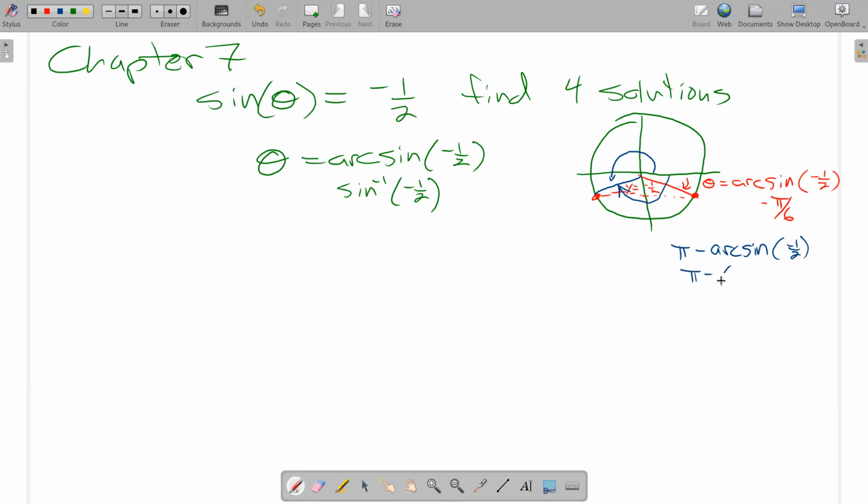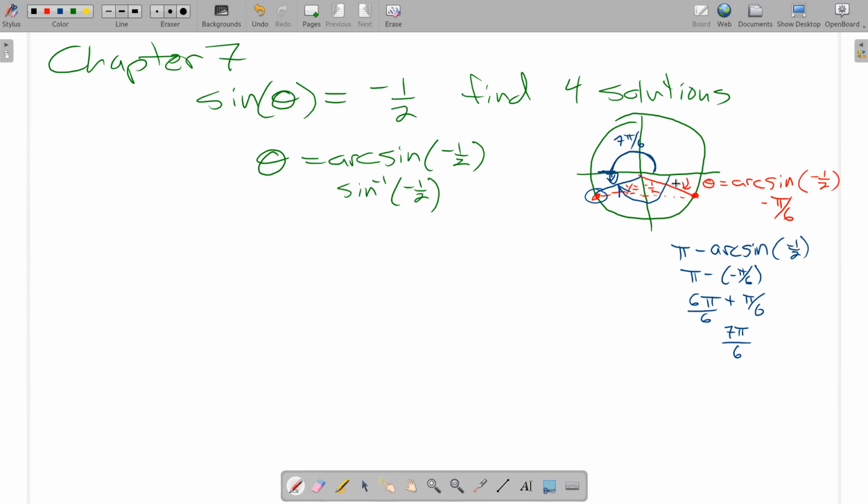So that gives us pi minus -pi/6, which is pi plus pi/6. And pi could be viewed as 6pi/6. So then another solution here should be 7pi/6. And that's going to be this positive version of the angle to get to that other point here. We take pi gets us to here, and then we move that reference angle pi/6 further. That gives me the pi plus pi/6, or 7pi/6 here.